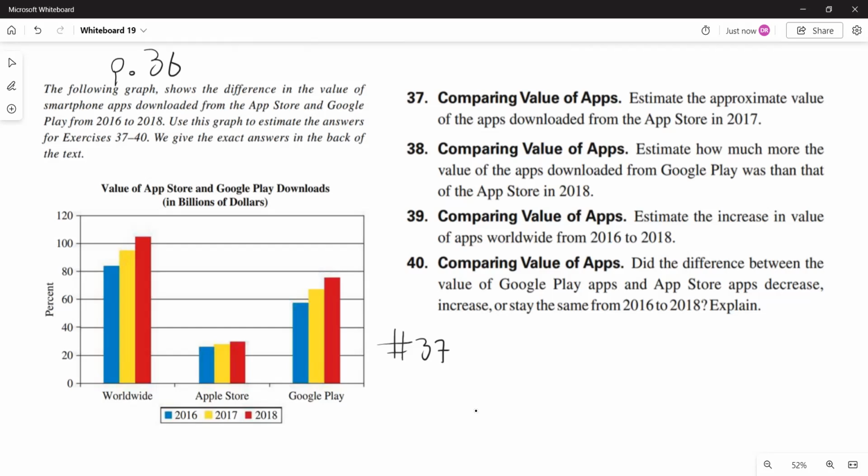I'm just making a visual estimate. Looks like it's going to be somewhere about 26. That's going to be about 27, or about 26.